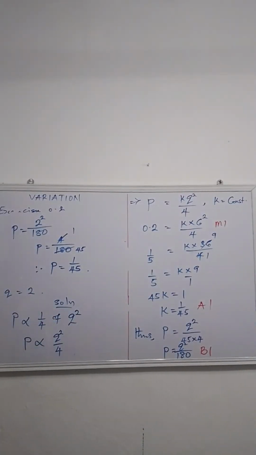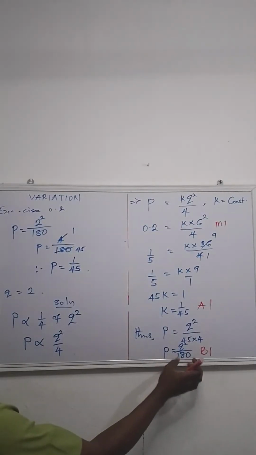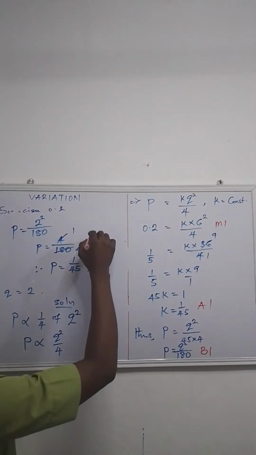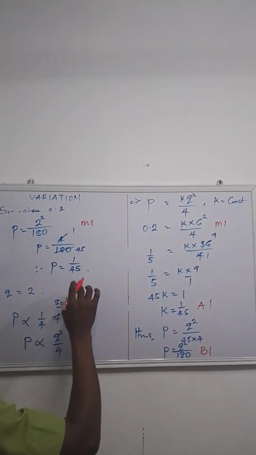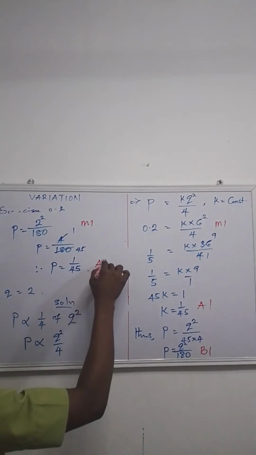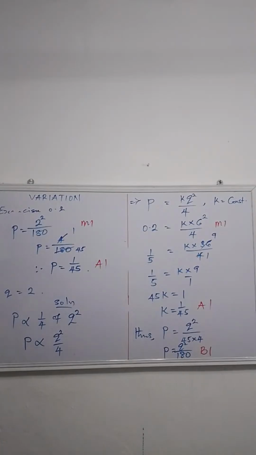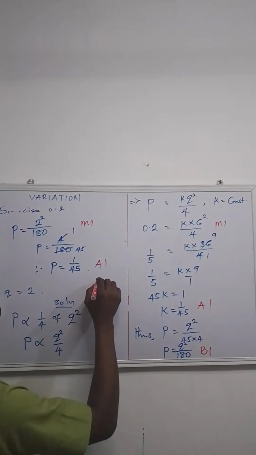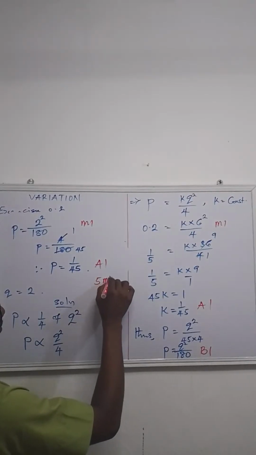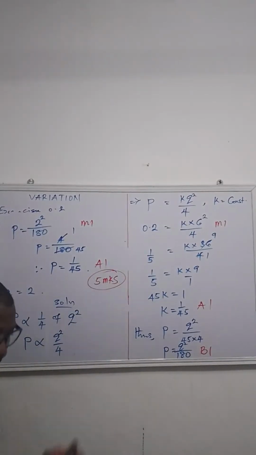And also, for substituting into the connecting formula, there will be a method mark. And for getting your answer to be 1 over 45, you have A1. So how many marks altogether? That's 5 marks altogether.